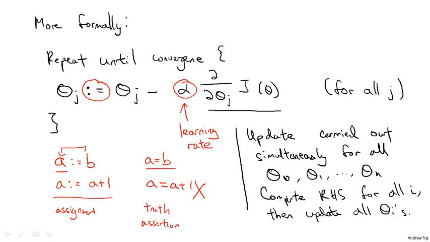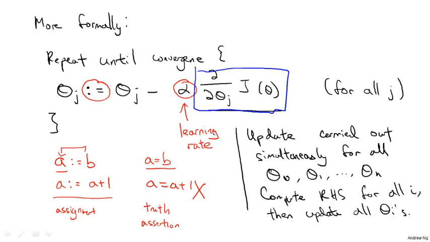What I want to do next is give a little bit of intuition about why taking this derivative term might be the right thing to do, and why it would tend to cause our parameters to move towards the minimum. To do that, let me use a one-dimensional example.